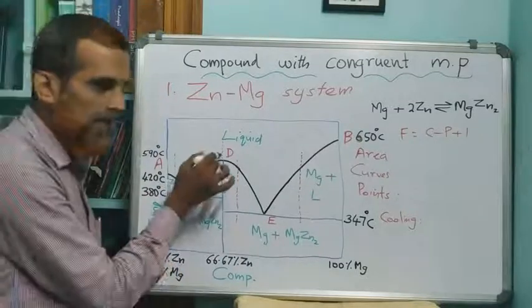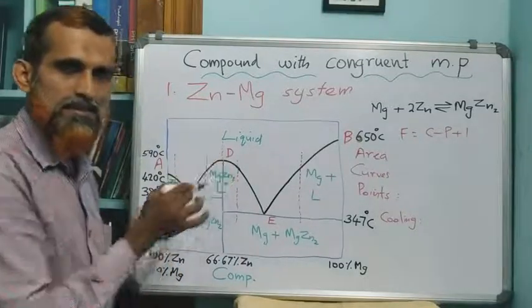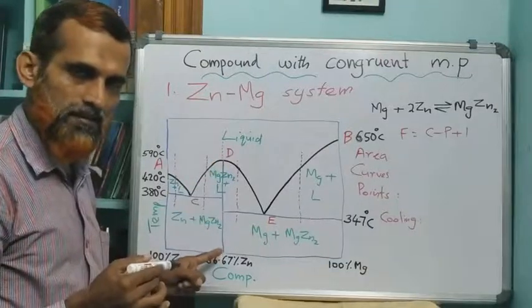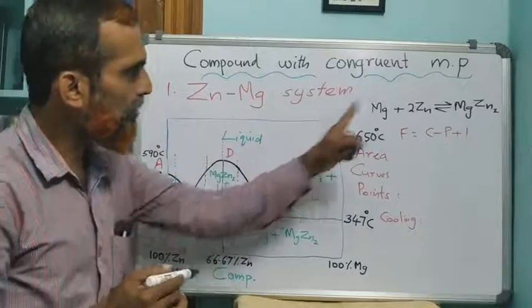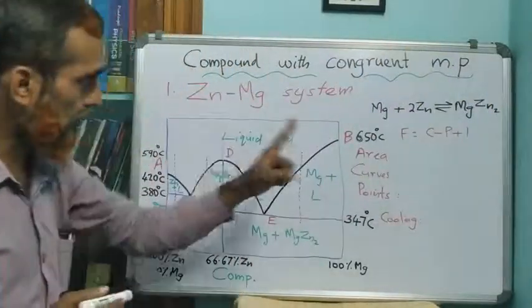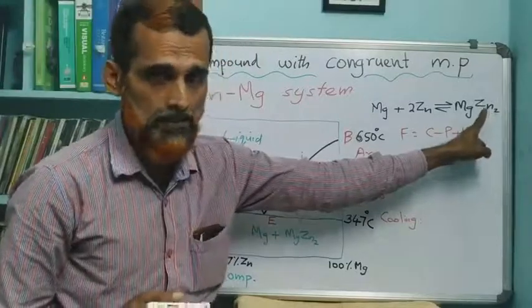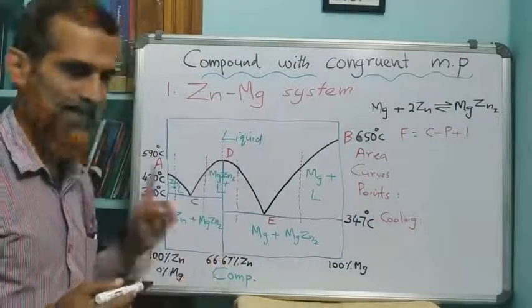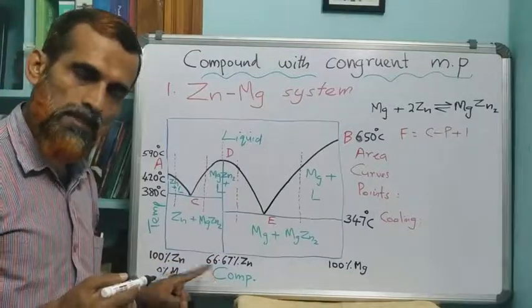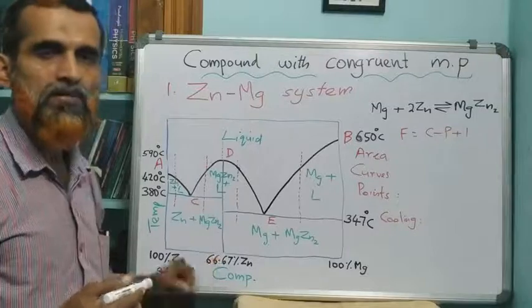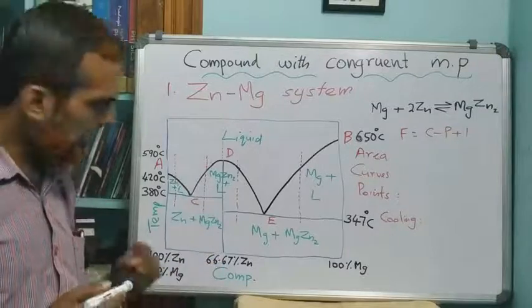And point D represents the compound formation, right? And you know, MgZn2 definitely indicates the stoichiometry where it is 2/3 zinc. So it is 66.67% zinc. Naturally, 33.33% will be magnesium.